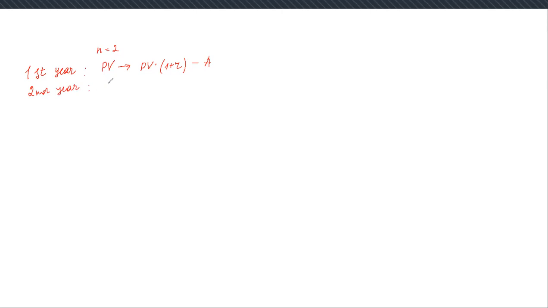At the beginning of the second year, we have this sum. Rewrite this sum: PV multiplied by 1 plus R minus A.